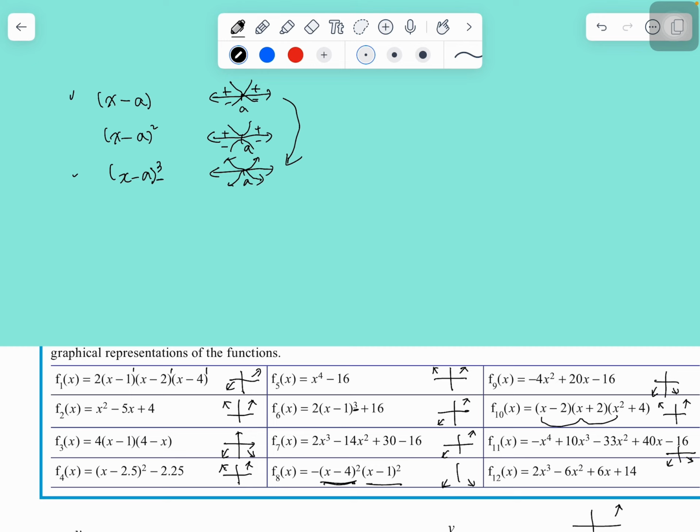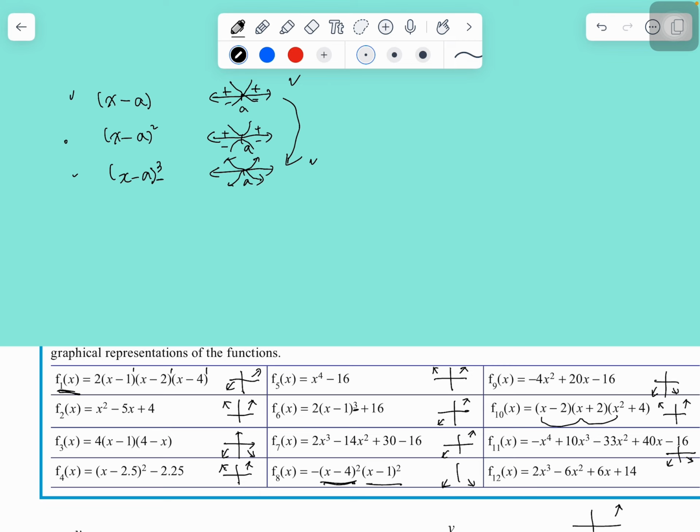But the difference is here it crosses smoothly, but here it crosses but stays at the x-axis just a little bit and crosses again. So we call it a wiggle. And the second one, we just touch the x-axis at the x-intercept and go back again. So those are the differences between them.